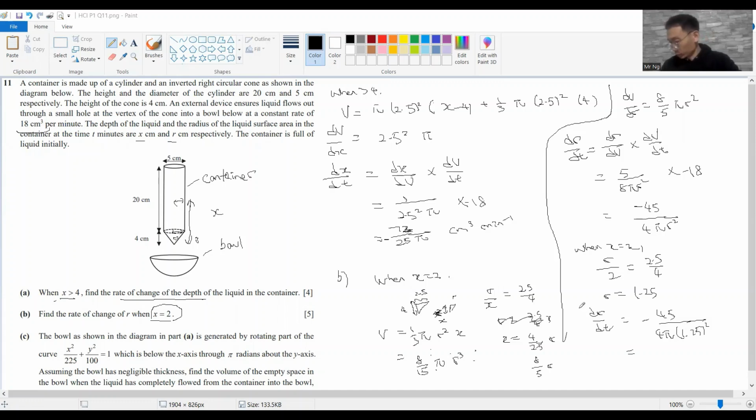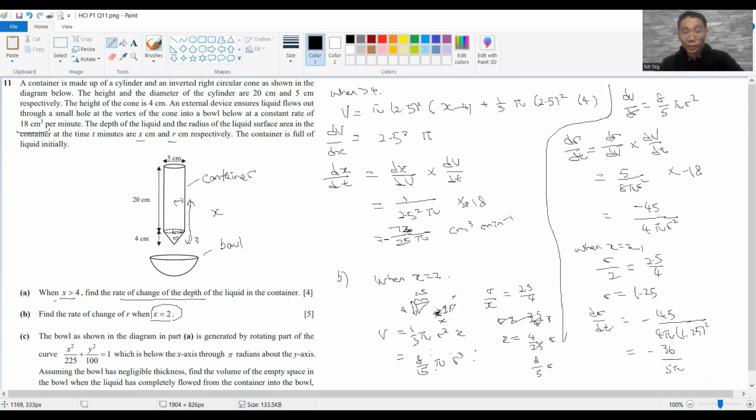Minus divided by 1.6. Okay, I got it. Good. So eventually you will end up with minus 25 divided by 4 divided by 1.25 square. Minus 36 over 5. Okay, that part done.